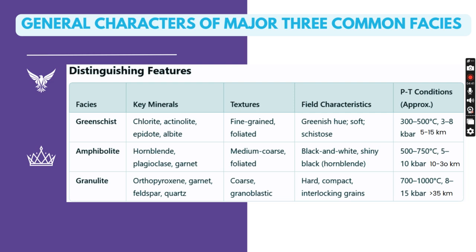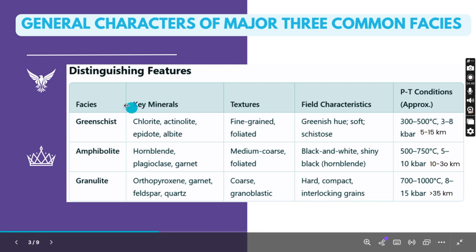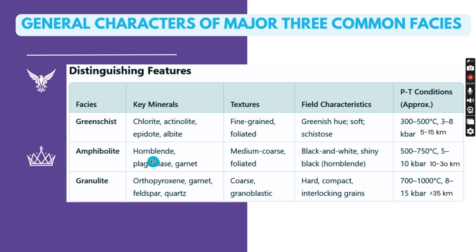As I have told earlier, graphite can occur within these three ranges, but is mostly confined to greenschist to amphibolite.